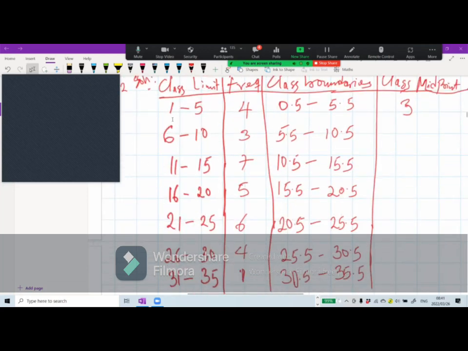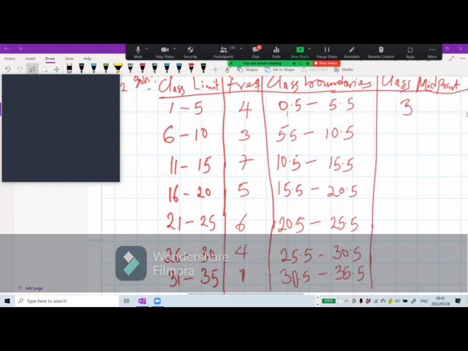Now, what is our class limit? Our class limit is very simple, 1 to 5. So let's take our class limit. 1 plus 5 is 6. 6 divided by 2 is 3.